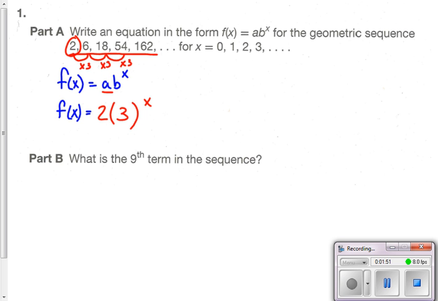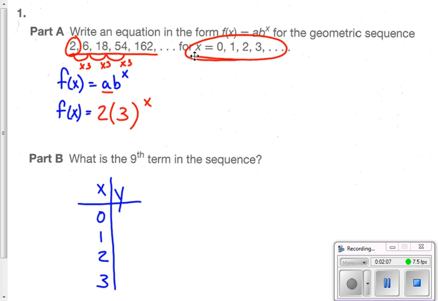Part B, you have to find the ninth term in the sequence. And remember, you set up a table for this. It would look something similar to this. Here's our table, and we took those values for x right up in the question up there, 0, 1, 2, 3. So basically it would follow the same sequence. 2 would follow with 0, and then you would have 6, 18, and 54 would be those terms for y.